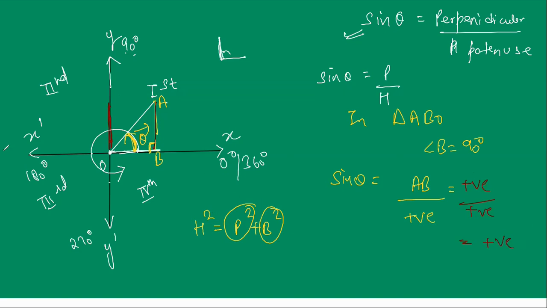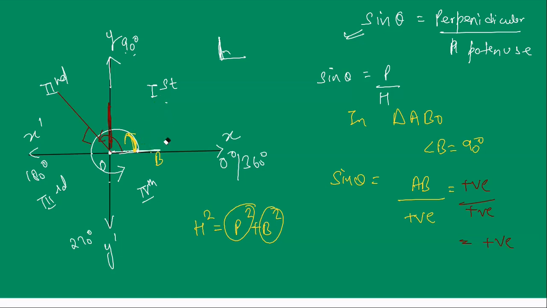Right? Now, let's talk about the second quadrant. So let me draw an angle first, because I have to start from the positive x-axis up till the second quadrant. Let me draw a line, and from the positive x-axis up till here, you can take it as theta.